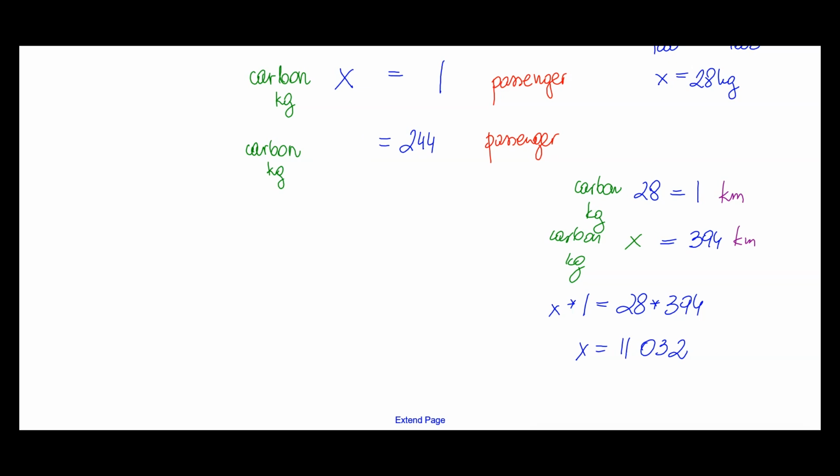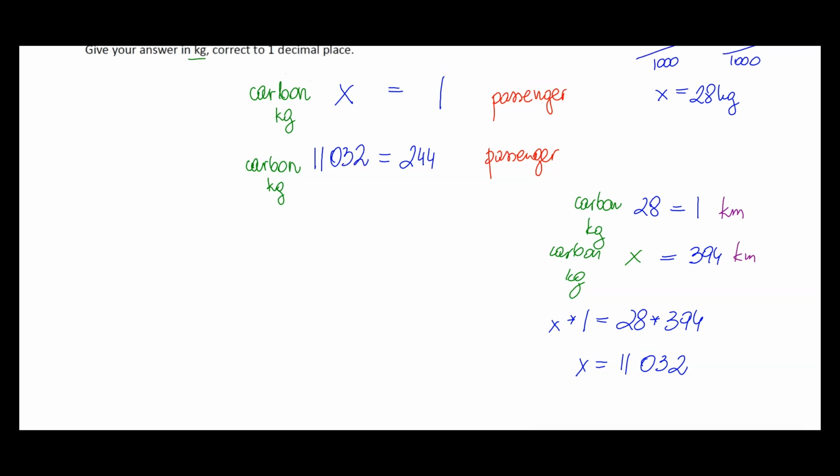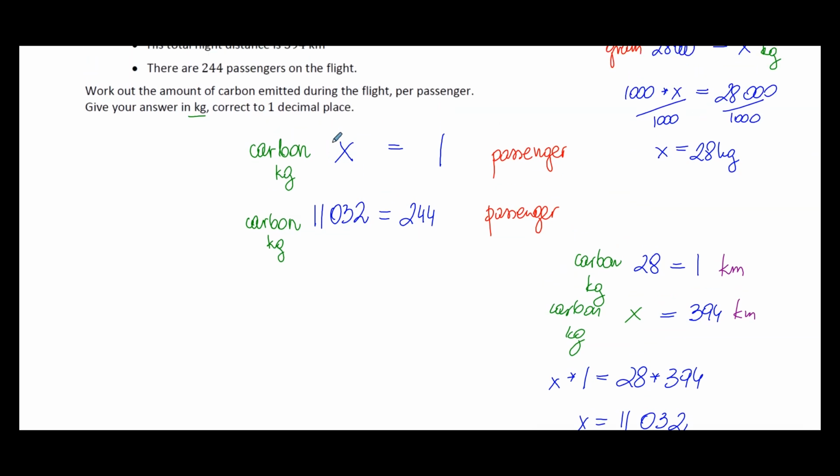So we are saying 11,032 kilograms of carbon. And for my final answer, I'm looking per one passenger. So what do I do? I multiply across. x multiplied by 244 is the same as 1 multiplied by 11,032.